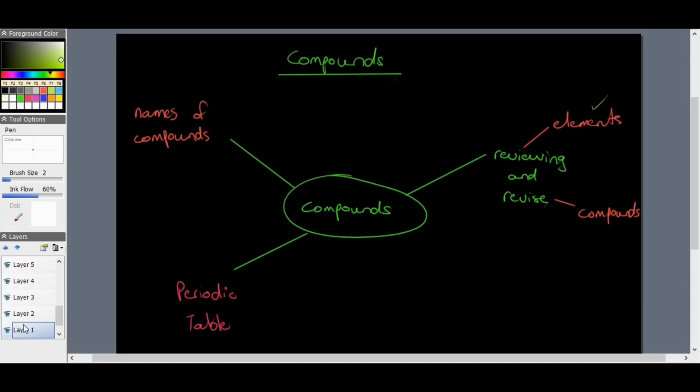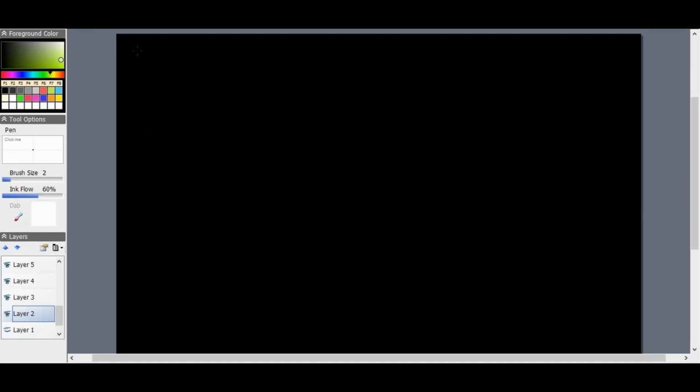Maybe we can take that down for a bit of revision. Element, shorthand note: it's a pure substance, one kind of atom. That's what an element is.